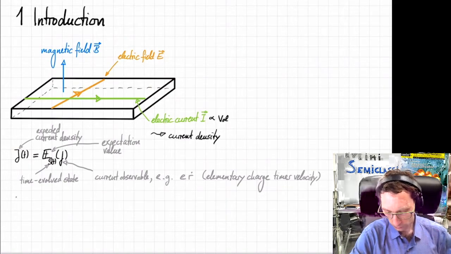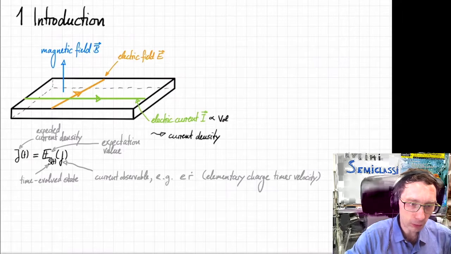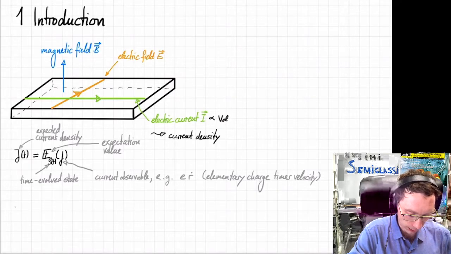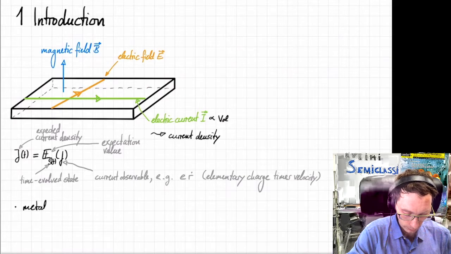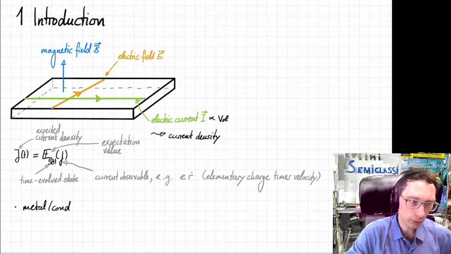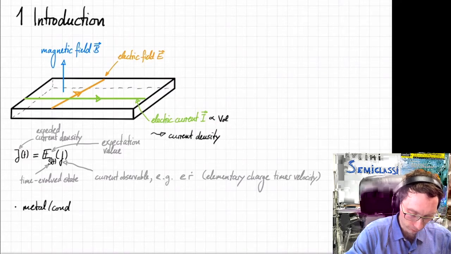I'm calling a material a conductor or metal if the current density is appreciably different from 0.